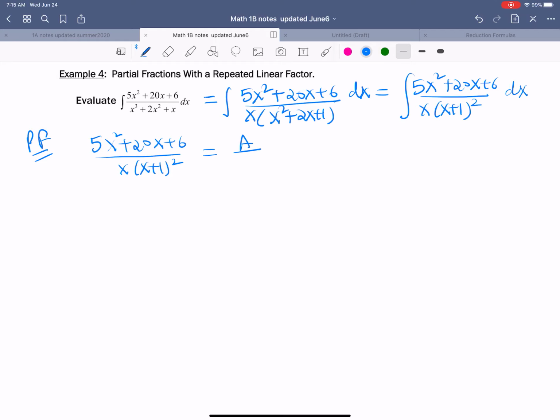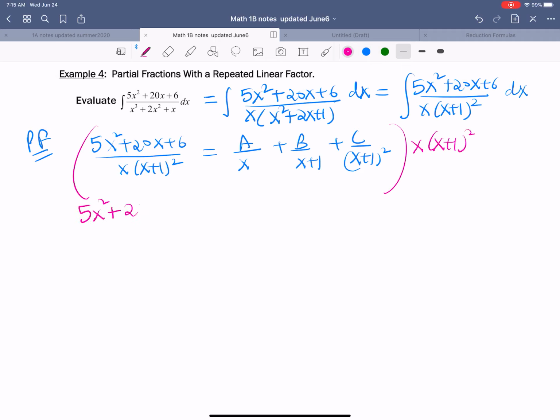We set up the partial fractions as a over x, b over x plus 1, c over (x plus 1) squared. We're going to multiply the whole equation by x times (x plus 1) squared. The left-hand side would be 5x squared plus 20x plus 6. The denominator will cancel. The right-hand side would be a times (x plus 1) squared plus b times x times (x plus 1) plus c times x.